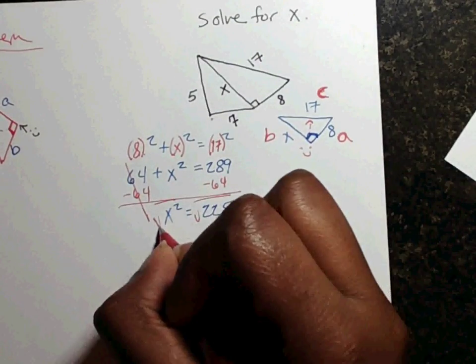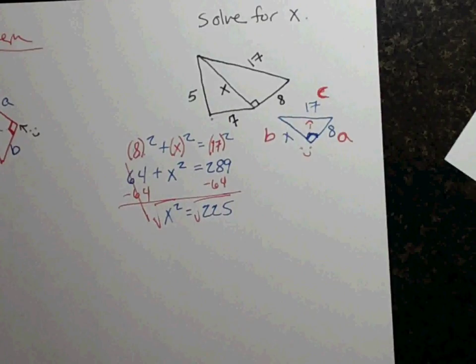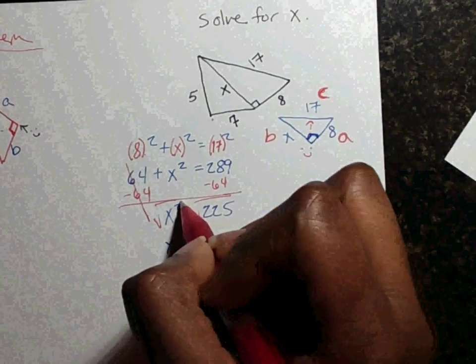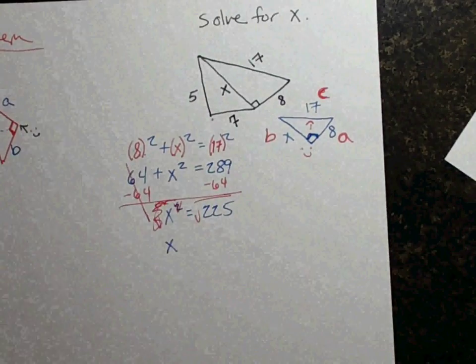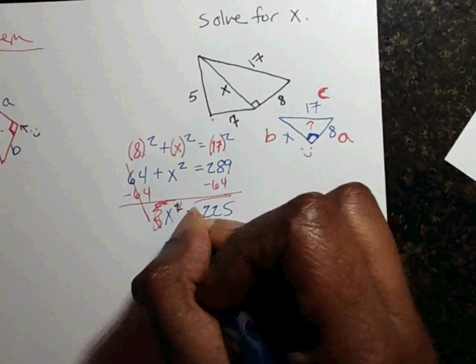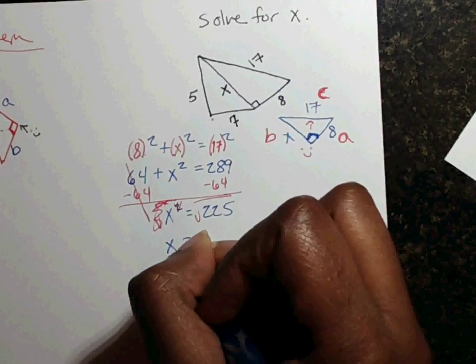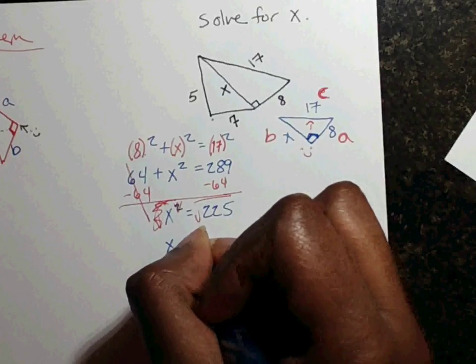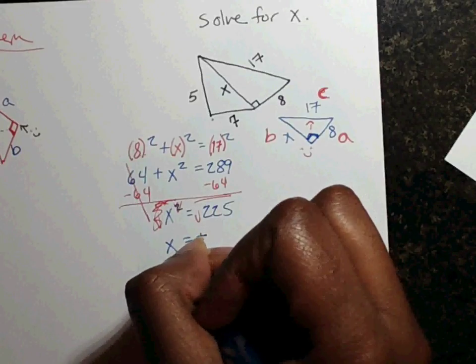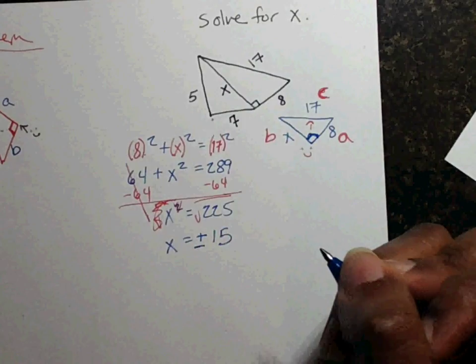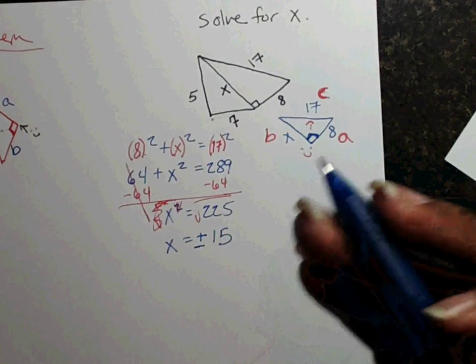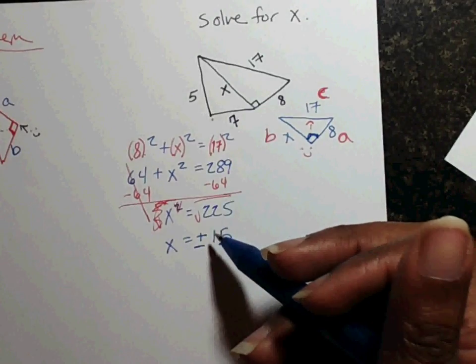It looks almost identical now to the last step in my previous problem. Square root both sides. When I square root both sides, the square and the square root cancel each other out. I'm left with X equals the square root of 225 is positive or negative 15. Okay. I mean, I'm always going to have a positive length.